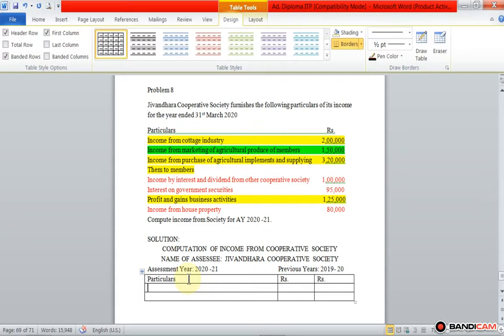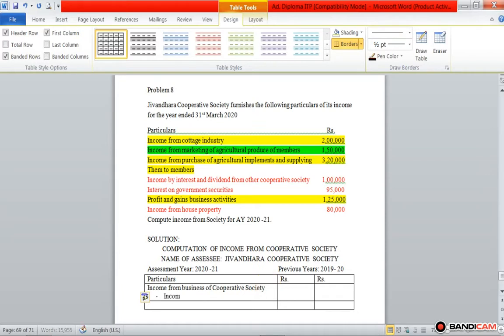Here, first, income from business of cooperative society. Here we take into consideration all income of the cooperative society derived from business activities.